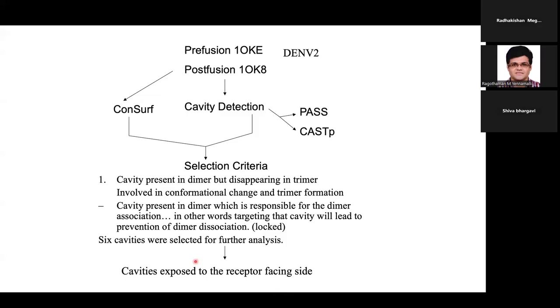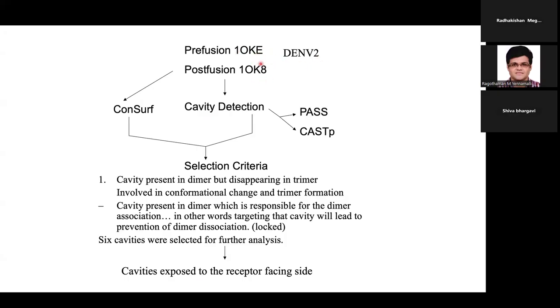Okay, sorry. So the approach we took was to use evolutionary information, conservation of residues, and the structural information to find out cavities that are exposed to the receptor facing site. So we took the serotype 2 of the dengue virus.